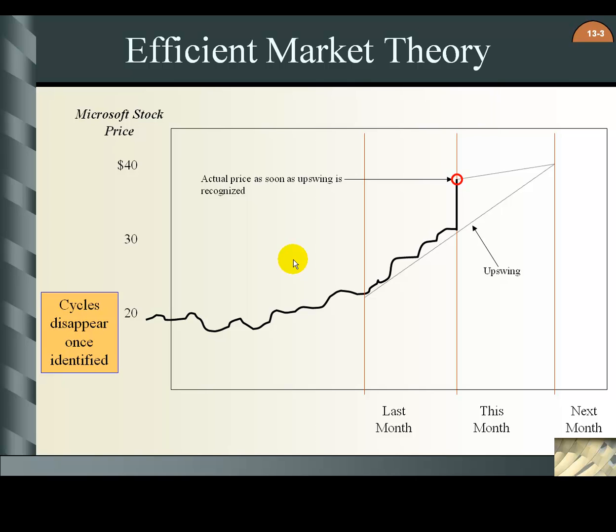And then when other people recognize the same pattern, the profit that you could generate from it would disappear, because it becomes public information. So just because you know this pattern would not be useful anymore, because it's not something that nobody else knows. When people try to take advantage of the same anomaly or the same pattern, it doesn't help you anymore. This is why we say the market is efficient.